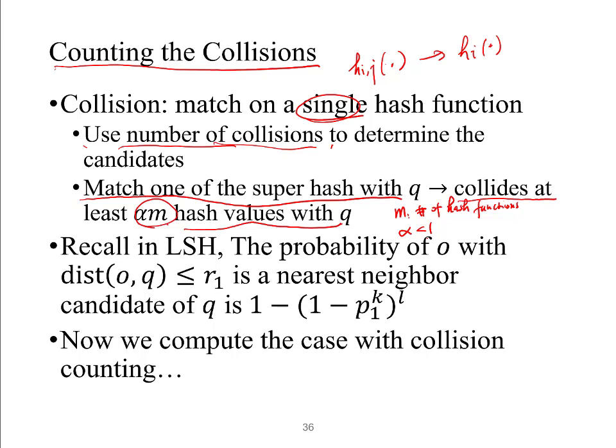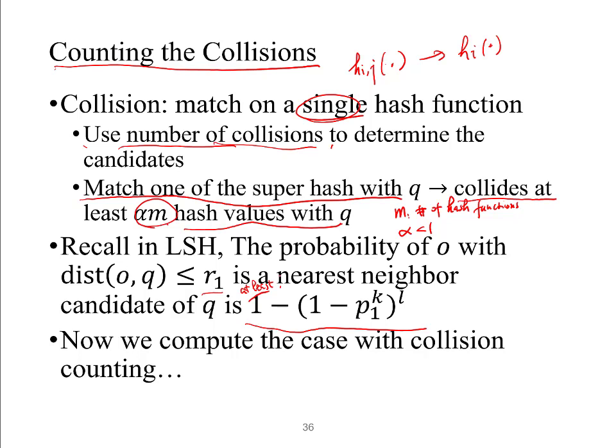So in LSH, the probability that O, with a distance to Q that is smaller than R1, which means O is a near point, is a nearest neighbor candidate of Q is at least this, as we have mentioned before.